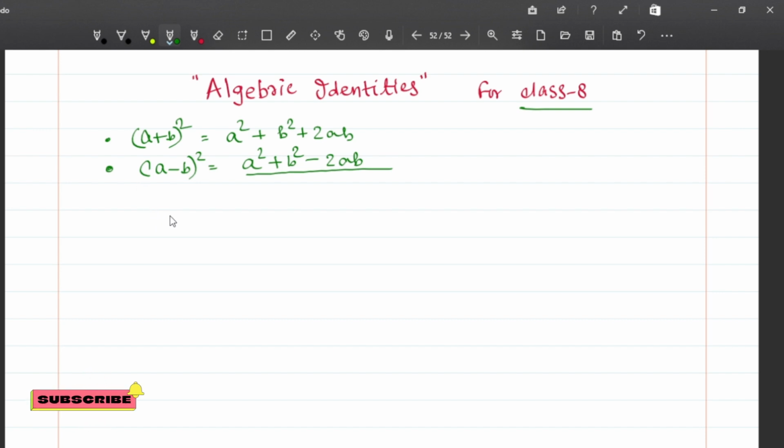Now take an example. These sums. We will take 8a as a and 2b as b, and rewrite the formula: a square plus b square plus 2ab.